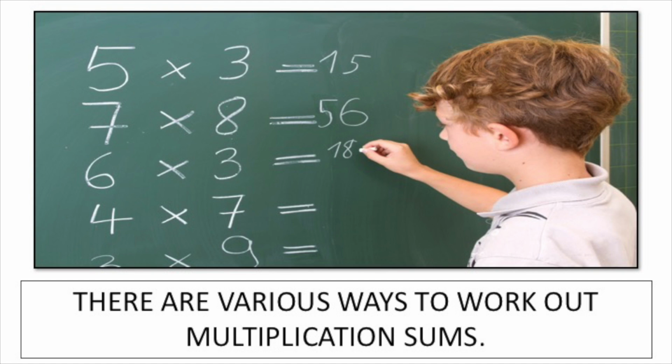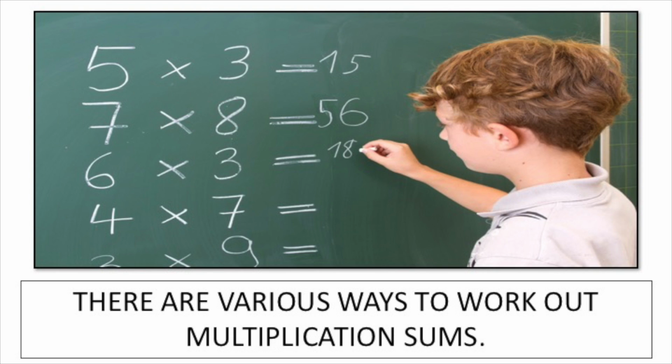And in this picture here, we can see some multiplication sums. 5 times 3 equals 15. 7 times 8 equals 56. 6 times 3 equals 18. 4 times 7 equals 28. And the bottom one here, 3 times 9. 27.